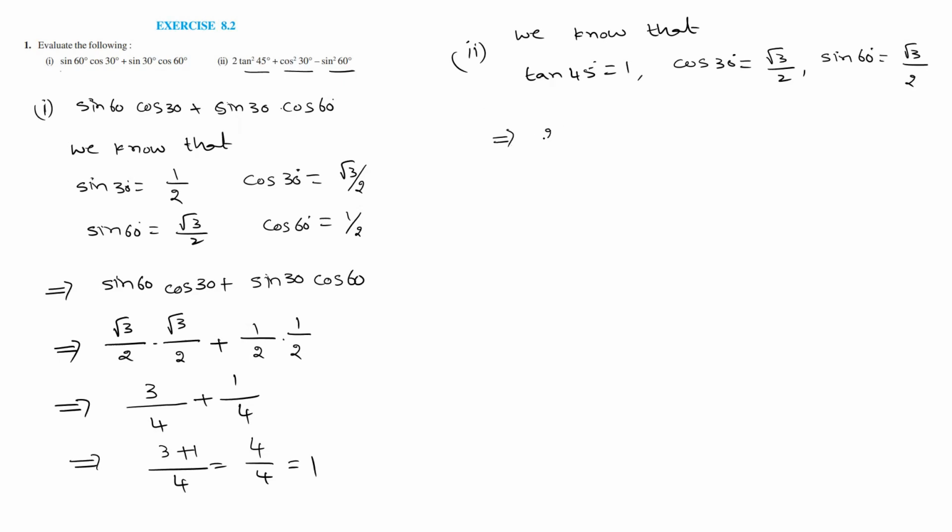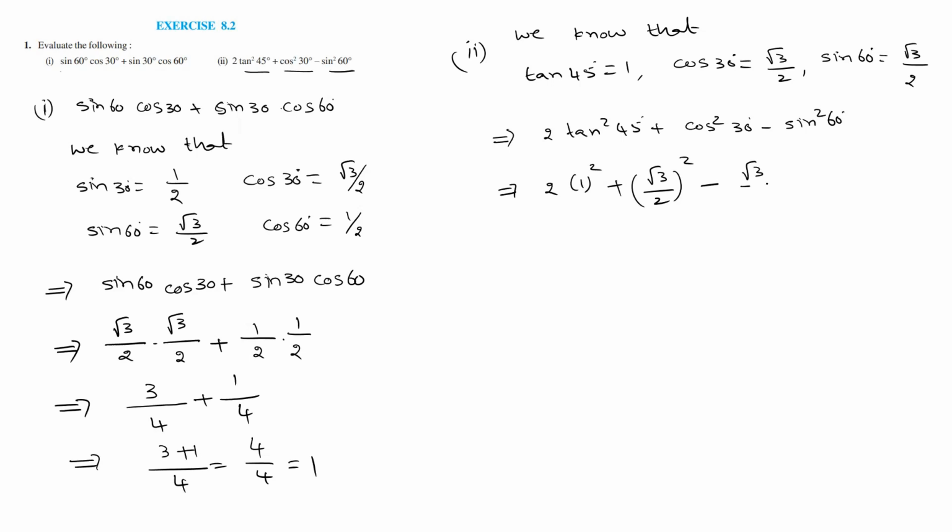So in this one, 2 tan square 45 plus cos square 30 degrees minus sin square 60 degrees. So 2 into tan 45 is 1, so tan square 45 is 1 square, plus cos square 30. Cos 30 is root 3 by 2, so cos square 30 is root 3 by 2 whole square, minus sin square 60.